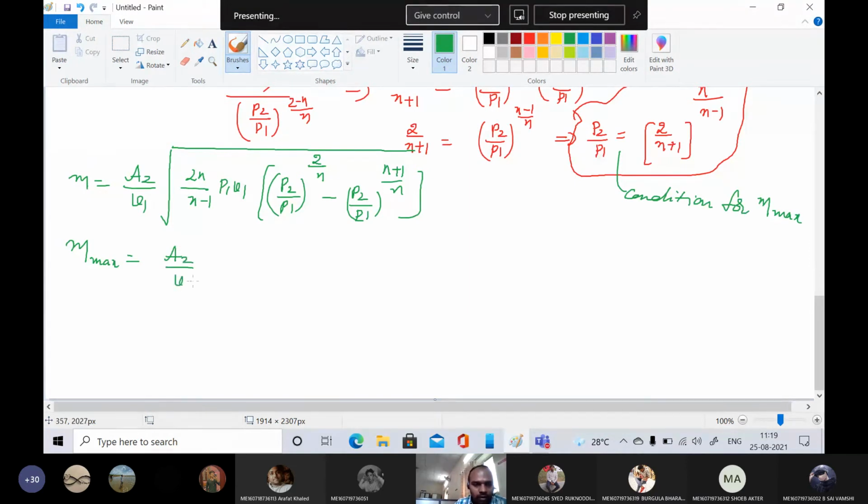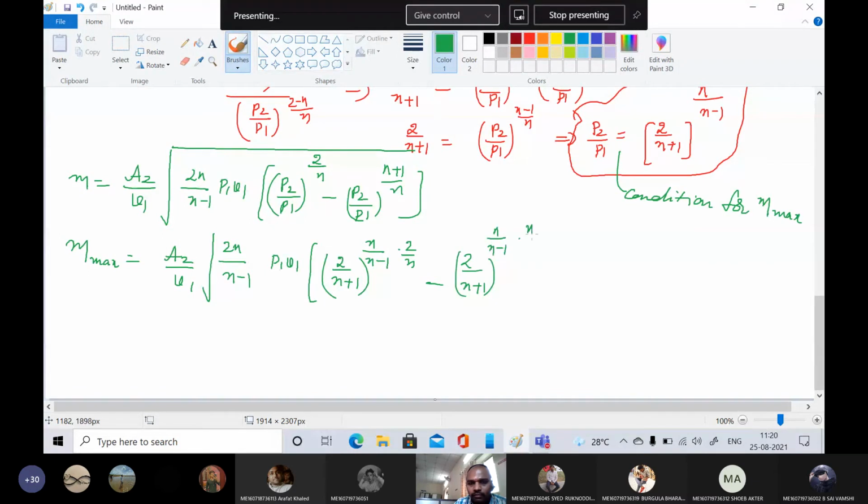A2/V1 into 2n/(n-1) P1V1 into (2/(n+1))^((n/(n-1))(2/n)), already 2/n is there, minus (2/(n+1))^((n/(n-1))((n+1)/n)), the whole thing under root.